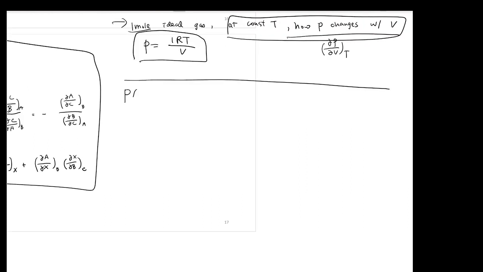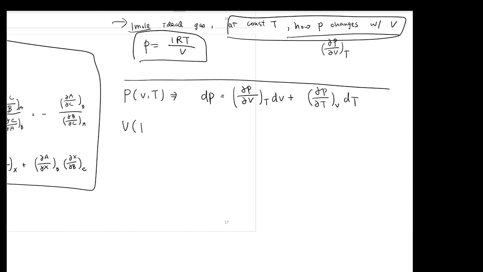Let's say we have pressure. Pressure, we know, is a function of V and T. Therefore, we know dP can be written as partial P partial V at constant T dV plus partial P partial T at constant V dT.